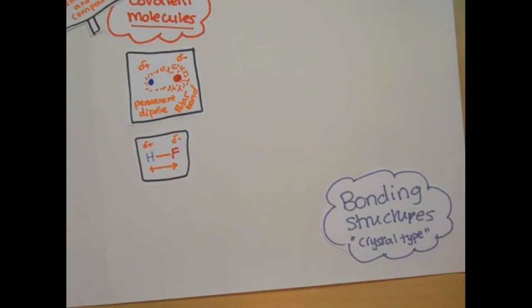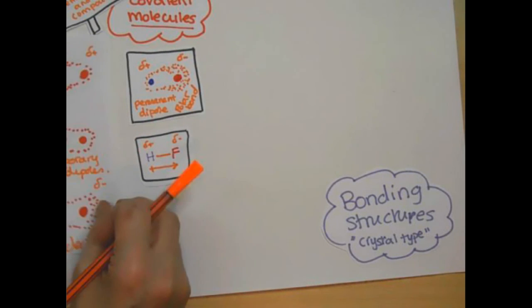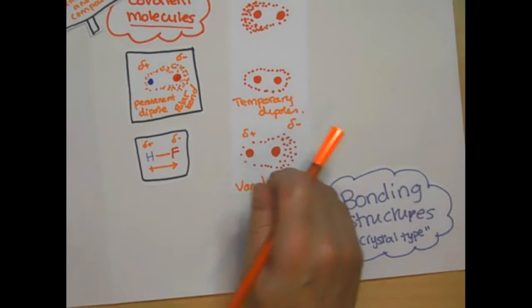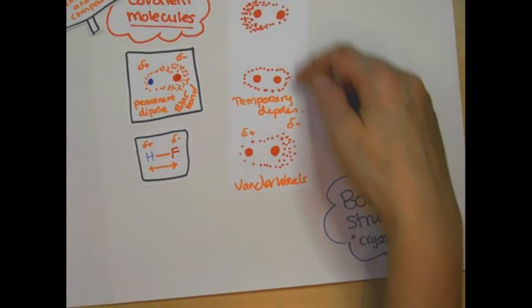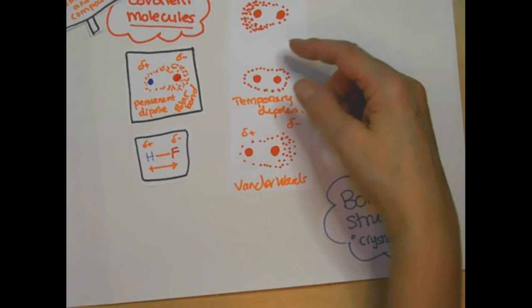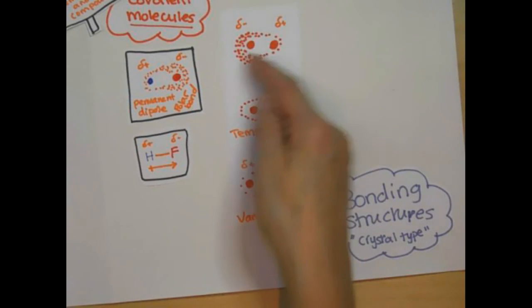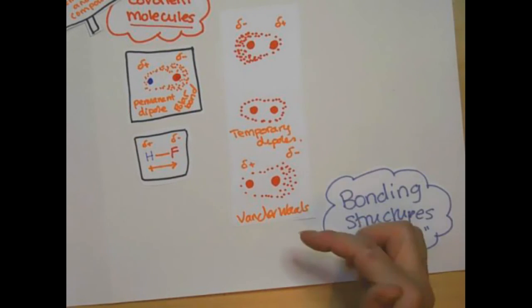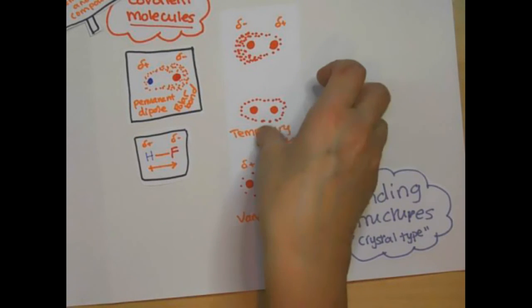And we can look at the different types of bonding in between the molecules. In our temporary dipole bonds, we called those van der Waals forces, because we're going to get attraction between positive and negative ends of the dipole, or if we've got a dipole already created, we'll induce a dipole in the next molecule, and so we'll create these transitory van der Waals forces.